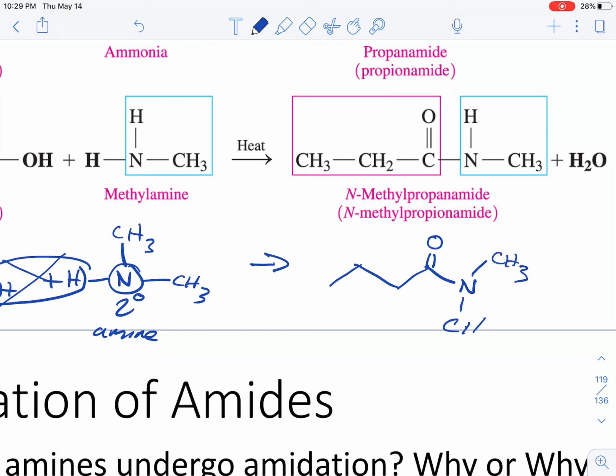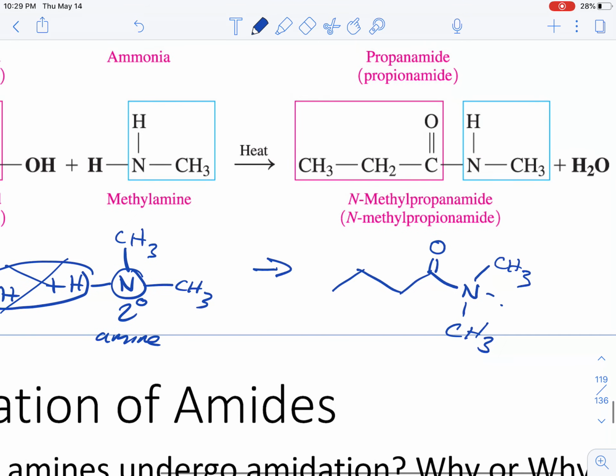If you count the number of carbons, there are 1, 2, 3 carbons on this nitrogen, and therefore you get a tertiary amide.